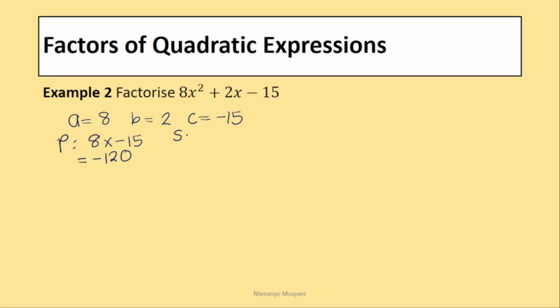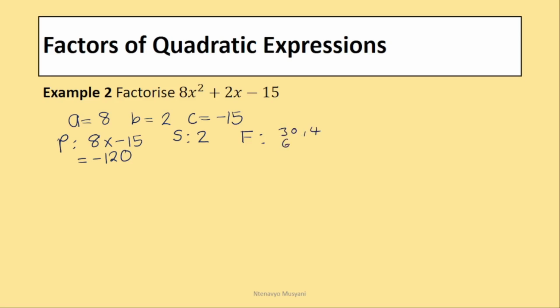Our sum is B, which is 2, and we need to search for the factors. So the factors of 120 are a lot. We can have 30 by 4 give us 120.